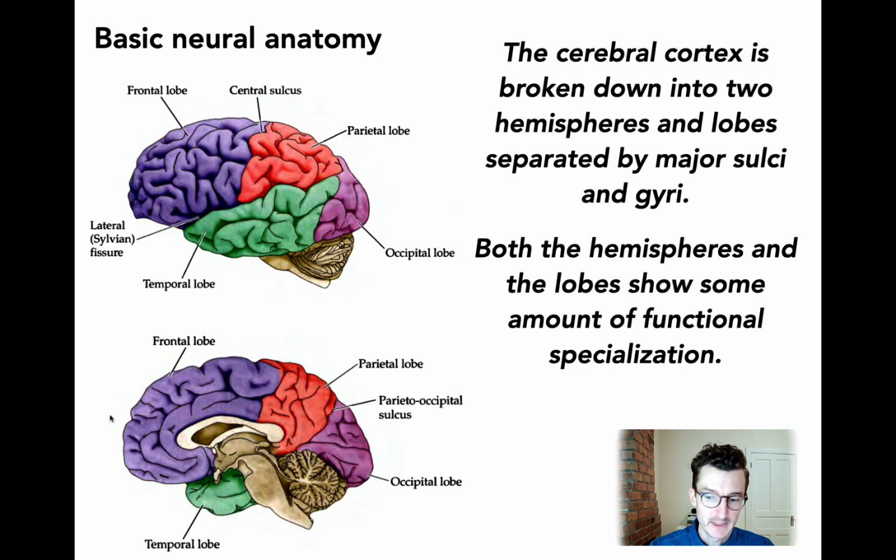Down here we can see what's called a sagittal section of the brain. So just like a side view of the brain, if we were to sort of chop the head in half down through the nose, and you can nicely see the corpus callosum, which joins the two hemispheres, the brainstem here, and the cerebellum.